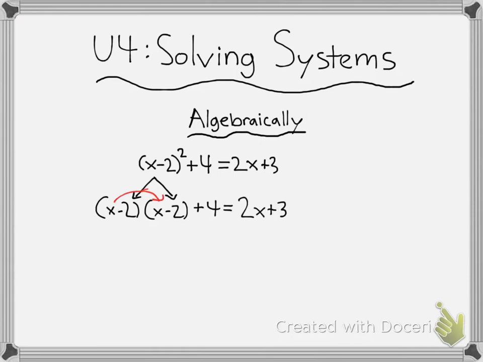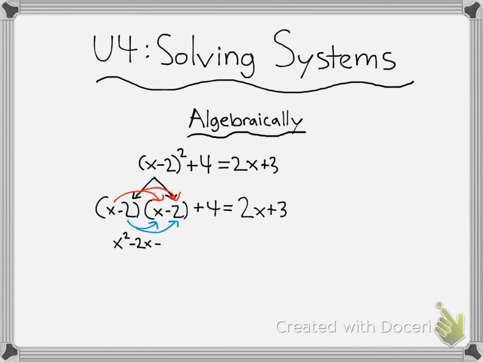And so from here, what we have to do is use the FOIL method to combine x minus 2 and x minus 2 into a polynomial. So x times x is x squared. x times negative 2 is negative 2x. Negative 2 times x is also negative 2x, and negative 2 times negative 2 is positive 4.